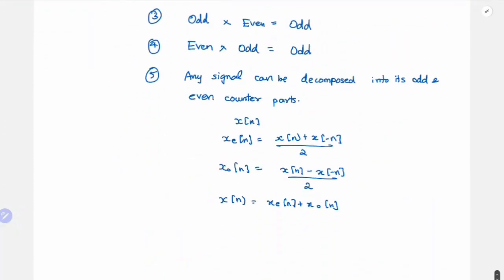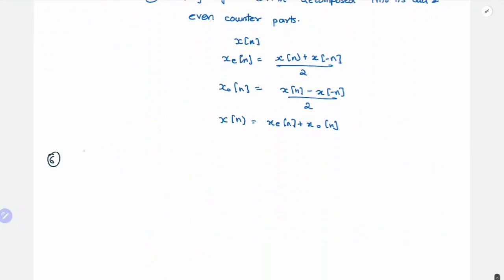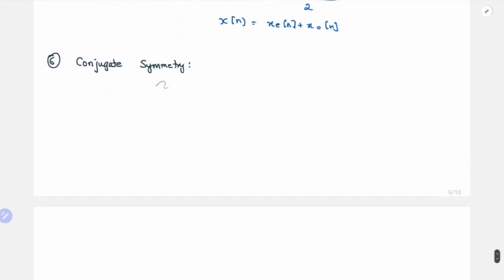So then we have the conjugate symmetric. So this is for complex signals.